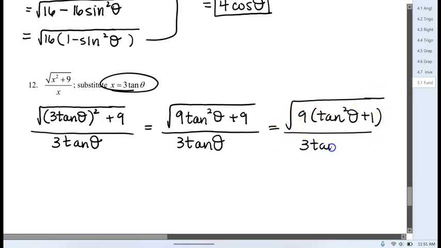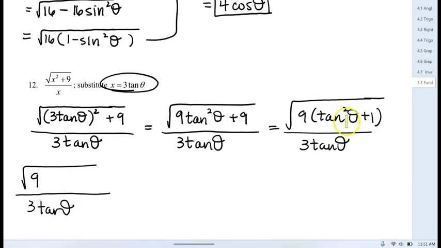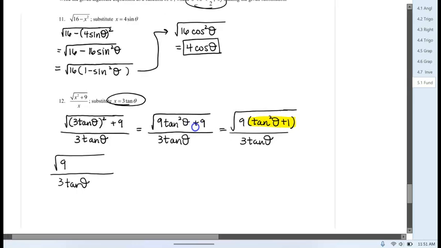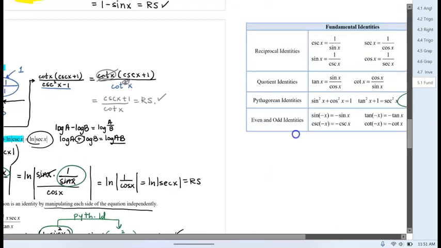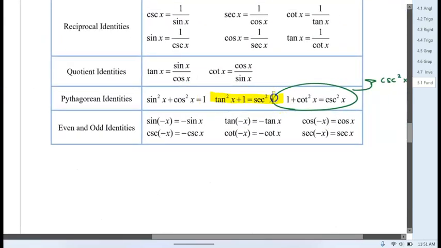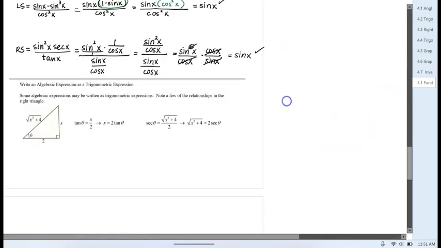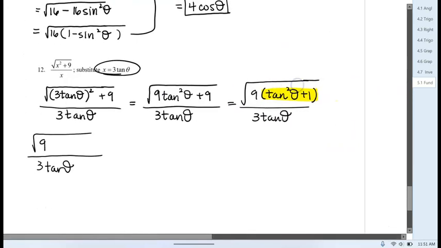And when I do that, I should be left with an expression that I can apply a Pythagorean identity to. So I have not done anything with this tan squared plus 1 yet. But if we go up and look at our identities, we see that tan squared plus 1 is equal to secant squared. So I'm going to replace that with secant squared.